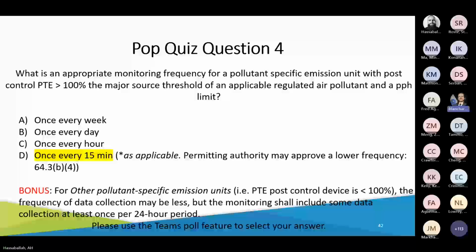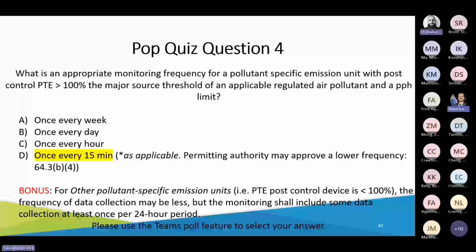Are low NOx burners a passive control device? I don't think they're considered a passive control device, but I think they're also excluded from the definition of control device, as they are typically already part of the equipment. I don't think you can buy a boiler and add on the low NOx burner after it. It already comes with it.